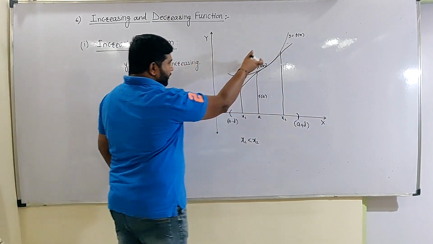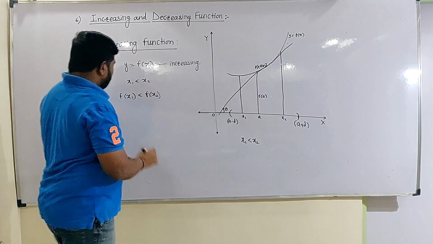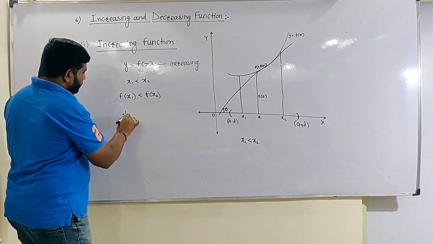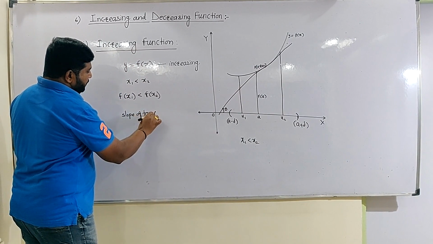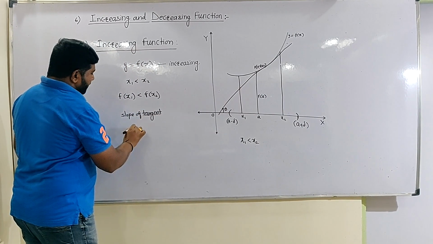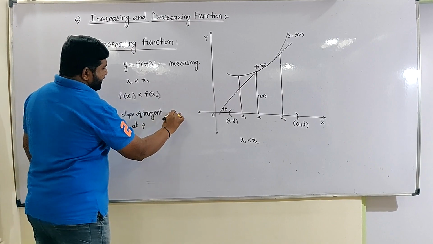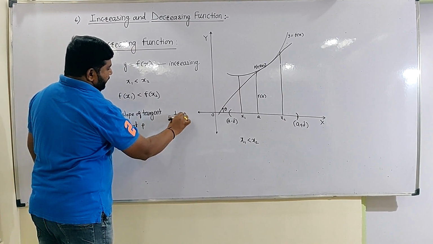This tangent makes an angle theta, so the slope of tangent at P is equal to tan theta.